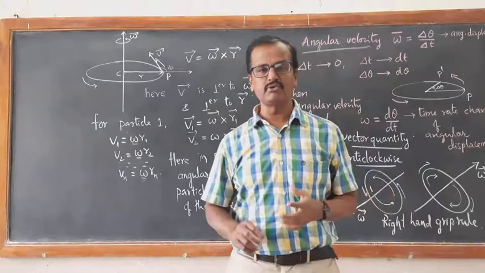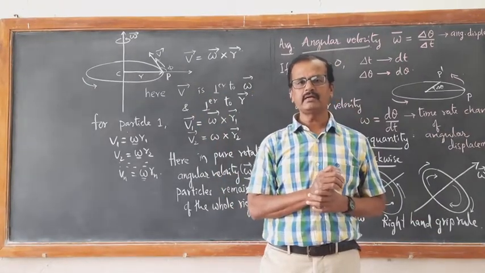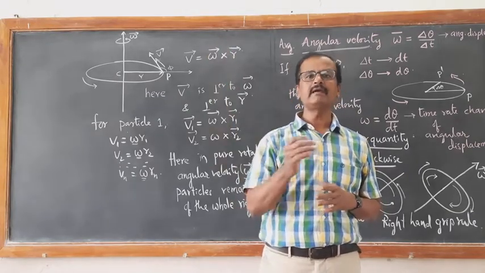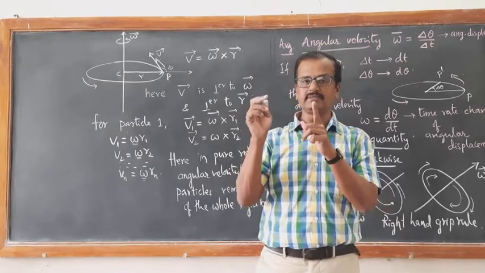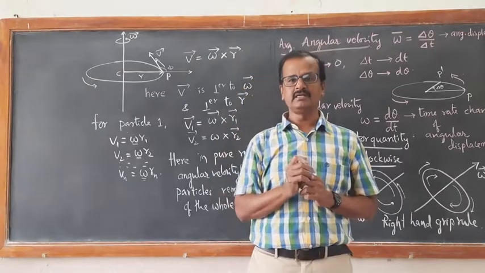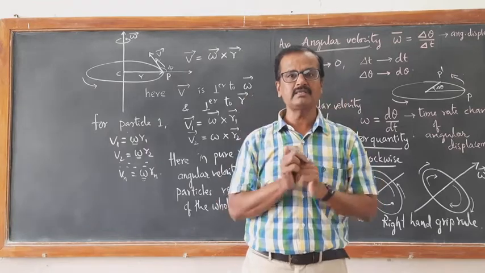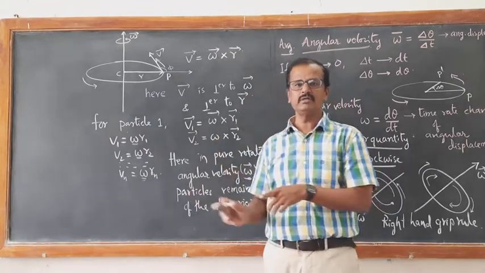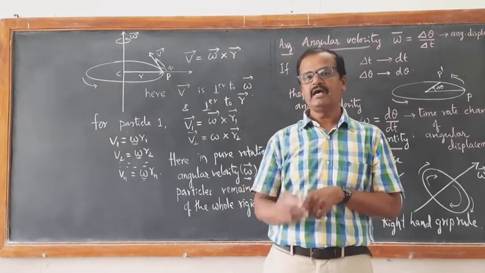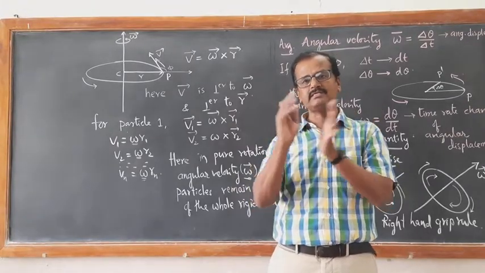In translational motion we have discussed, when the body undergoes translational motion along a straight line or inclined plane, all the particles of the body will have the same velocity as that of the entire rigid body. So that is pure translational motion. In a pure rotational motion, all the particles of the body will have the same angular velocity as that of the whole rigid body, but linear velocities differ.